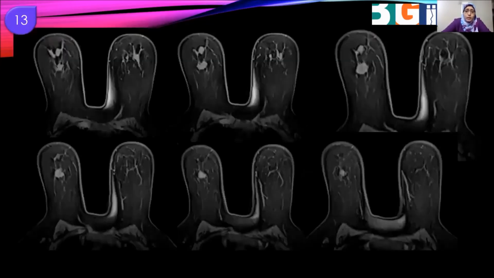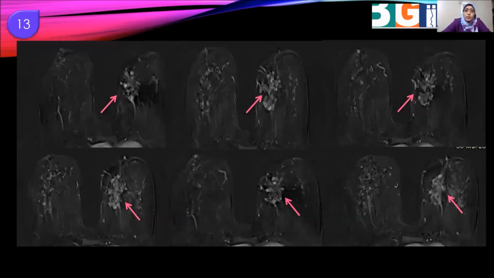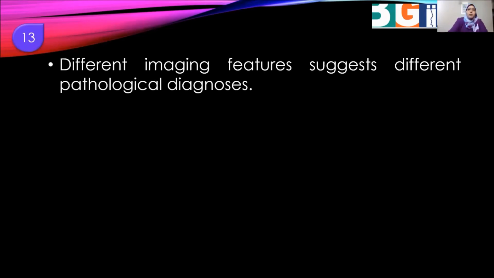Her MRI in the right breast confirmed the presence of multiple masses showing homogeneous enhancement, while the left side shows a regional area of non-mass enhancement with areas amounting to focal masses. Here we're confronted with different imaging features in the same patient. This may suggest different pathological diagnoses.